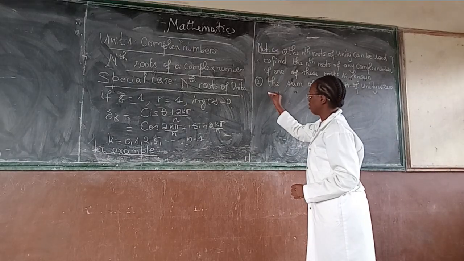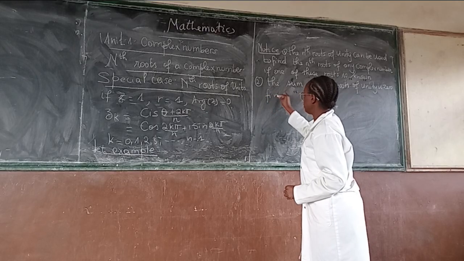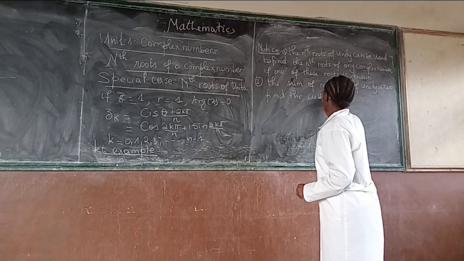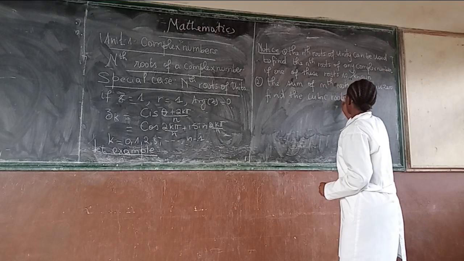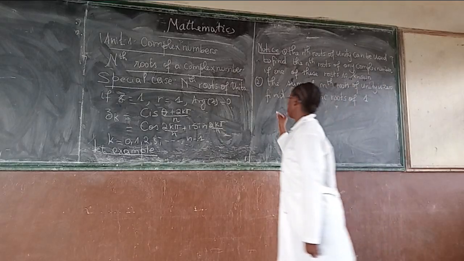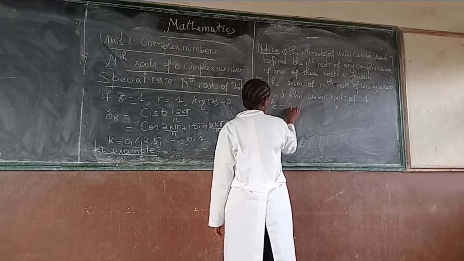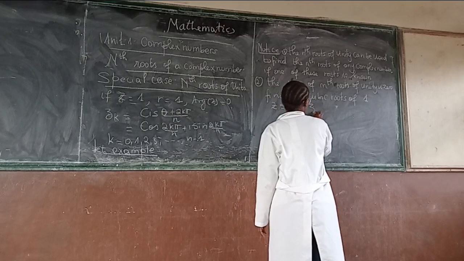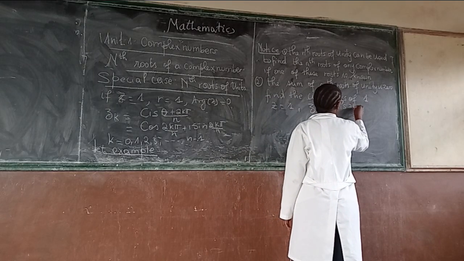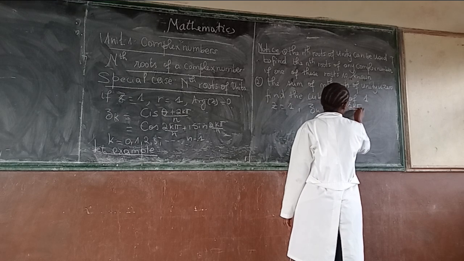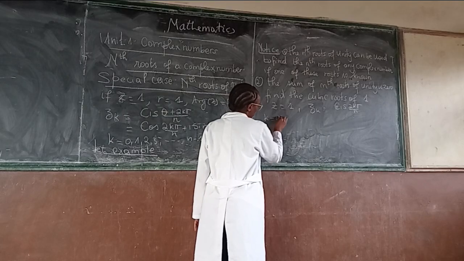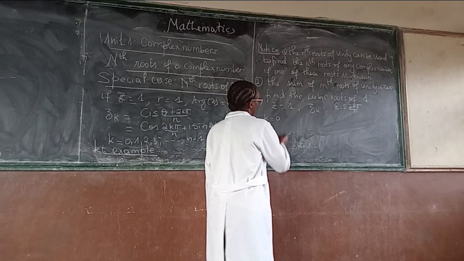So let's take an example. Find the cubic roots of 1. So our complex number is equal to 1, and you have seen that z_k is equal to cis(2kπ/n). So when k is equal to 0, what will we have?